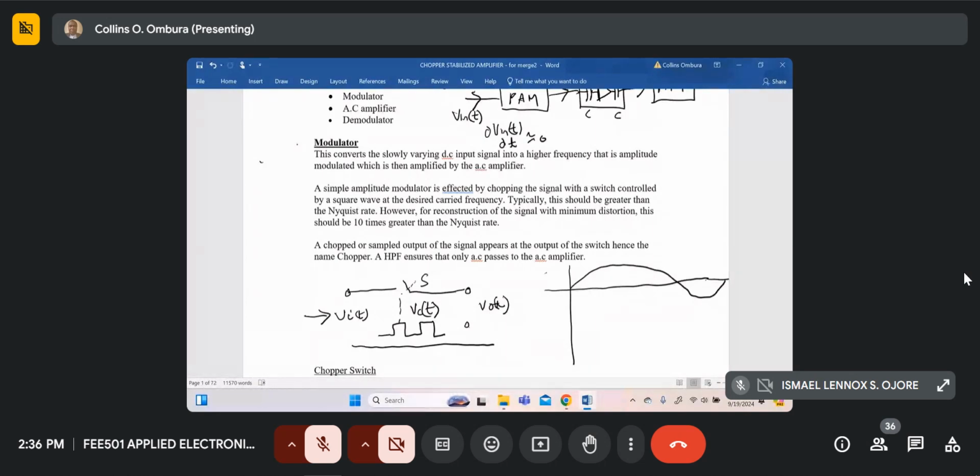So this is the amplitude of our signal, and this is the time axis. And let's assume this is our Vc of t. This is the frequency, for example.